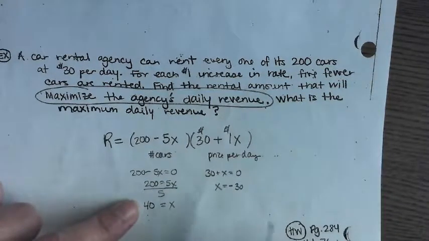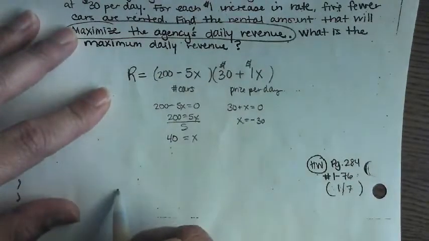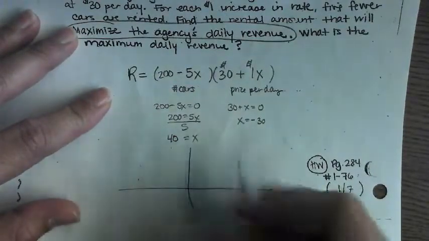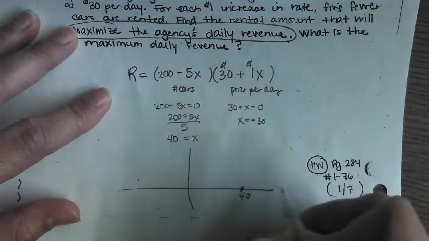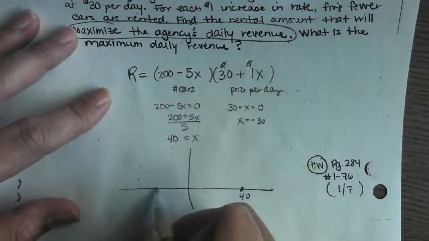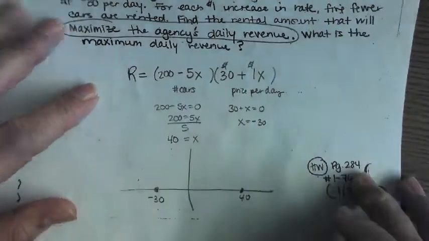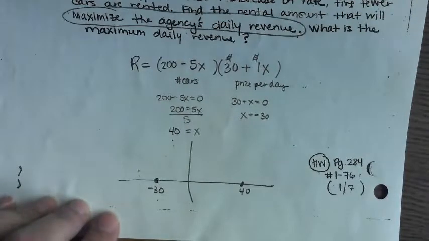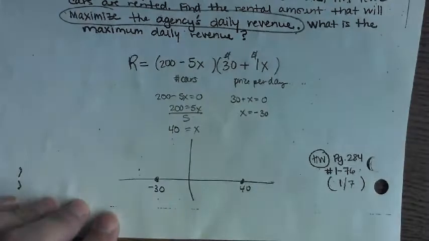If I have an x-intercept of 40 and an x-intercept of negative 30, how does that make it easier to find my vertex? My vertex is always going to be where relative to those two? Halfway in between.